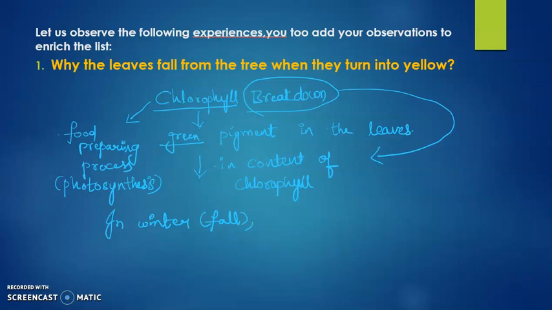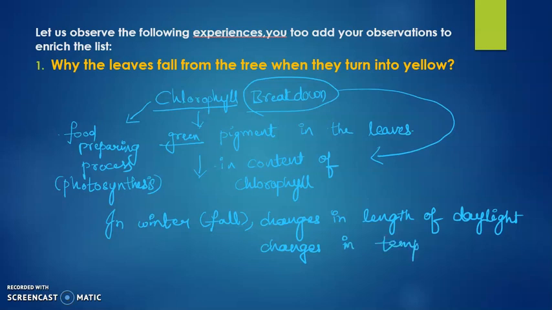Okay, so in the winter season we will see different types of changes: changes in the length of daylight and changes in temperature also. So what is the meaning of length of daylight? That means the presence of sunlight in the daytime, as well as temperature. So we will feel somewhat cool in the time of winter.